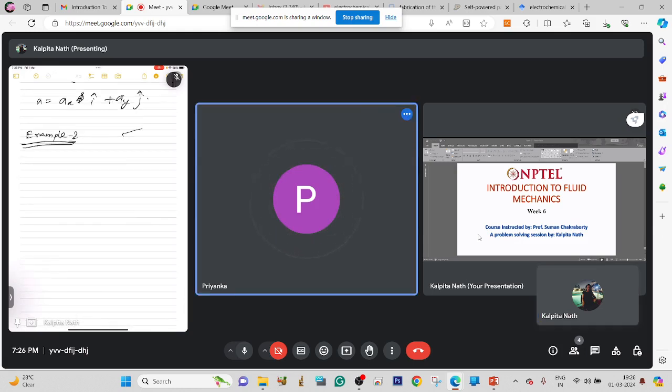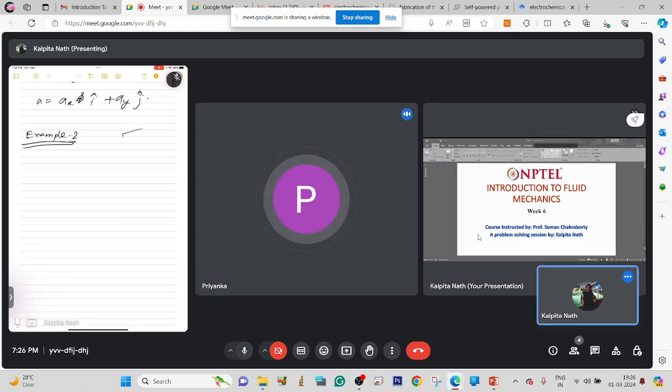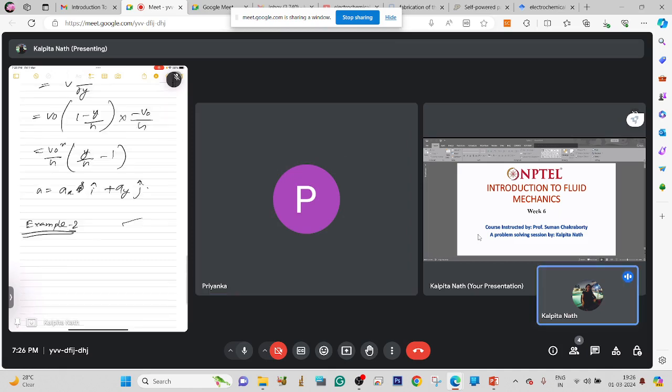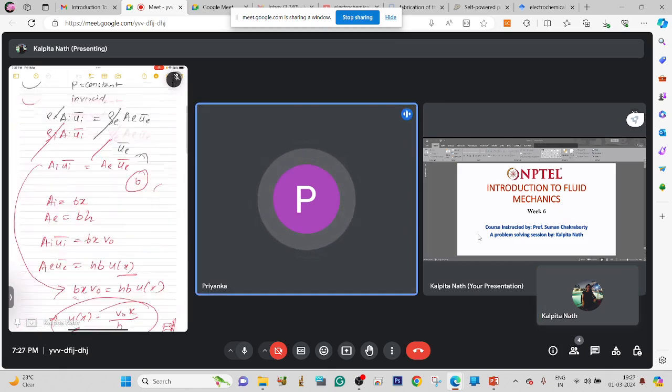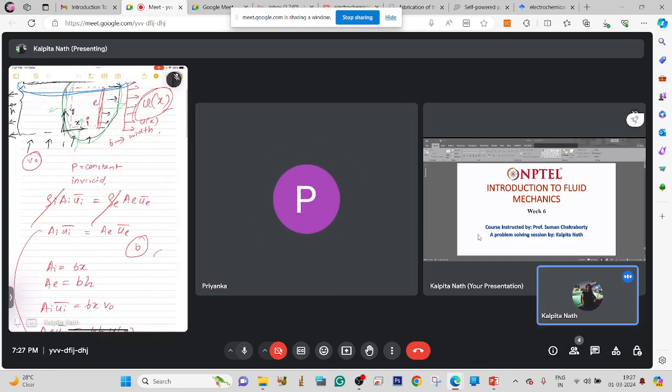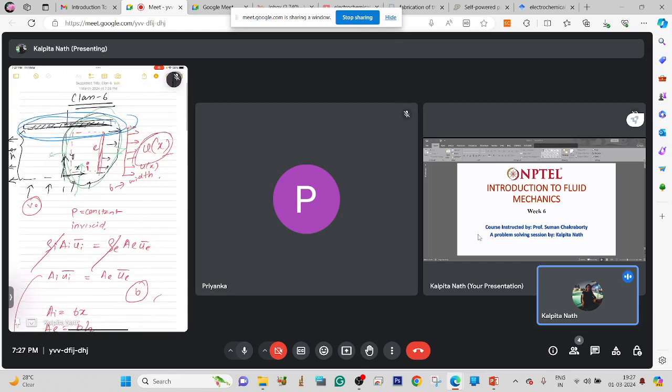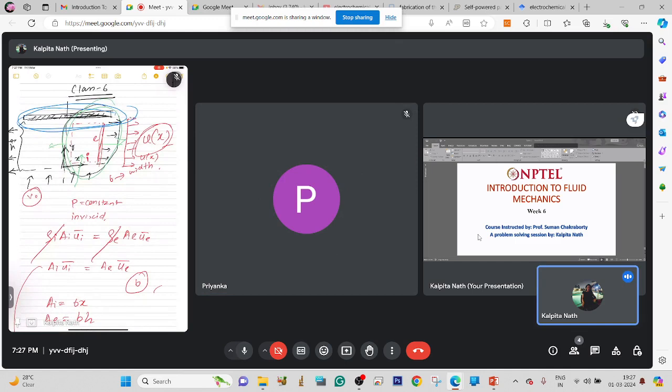Ma'am, instead of a uniform profile, if it was parabolic, what will happen? If the profile was parabolic, then this u directional velocity will be varying with y also, right?